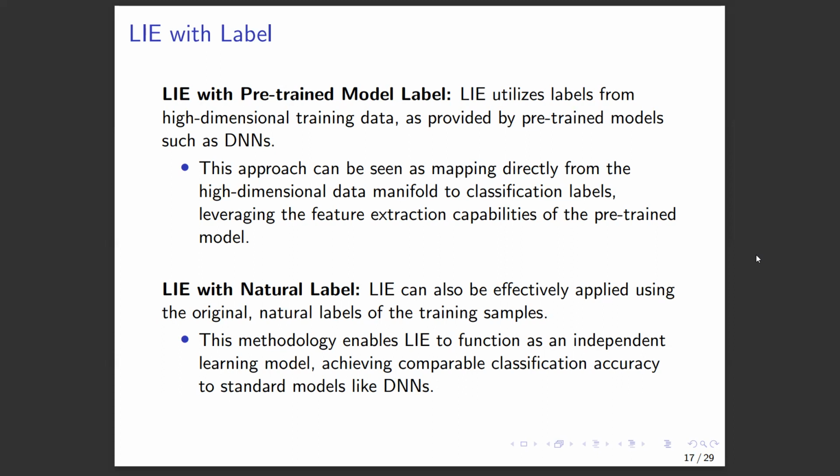And what's fascinating is that it achieves classification accuracy comparable to a standard model like DNN, but with significantly reduced computational complexity. And you will see it in the experiment part later on.